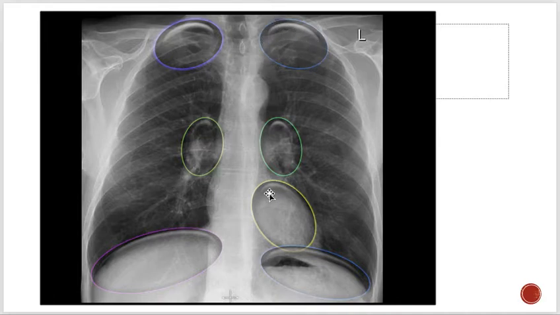Always look behind the heart, in this area. Always look below the diaphragm. This is the diaphragm, so look below that. I will tell you why it is important. And always look for the breast tissues in case of females.